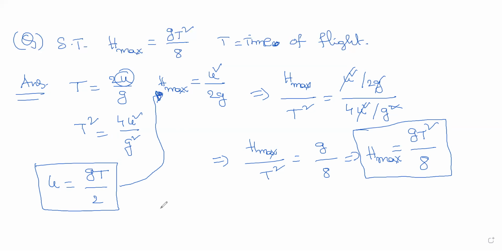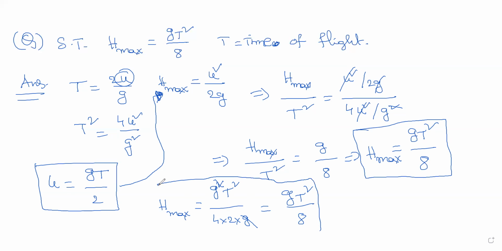Okay. So when I substitute that, H max is equal to, u is gt by 2. So it is g square t square divided by 2 square. That is 4 into 2 into g. So g and g get cancelled. So you get gt square by 8. You can do whichever way you like. So I told two methods.